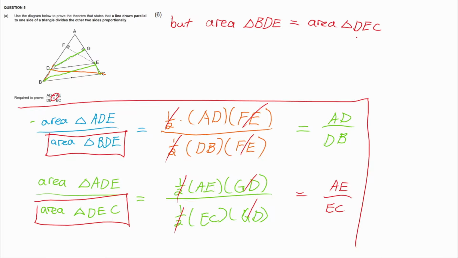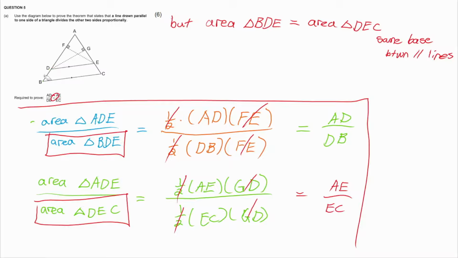We need to have a reason here, and the reason is same base between parallel lines. Some people say same base, same height. I'm sure that will be fine. But essentially it's same base between parallel lines. Let me explain that.